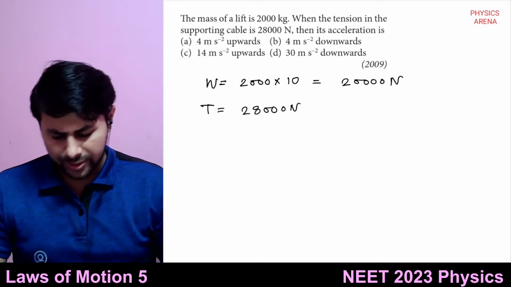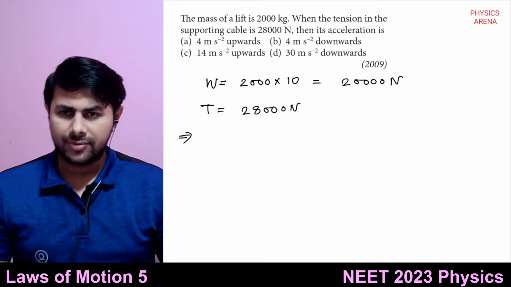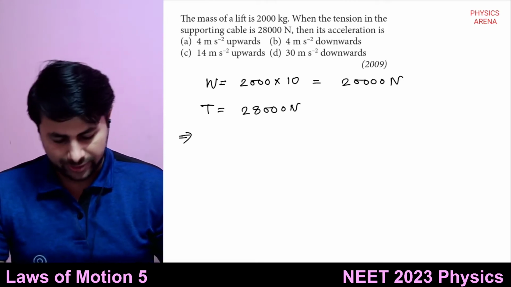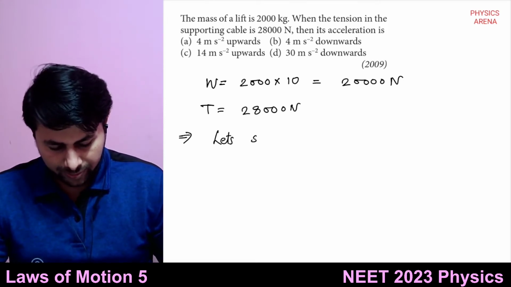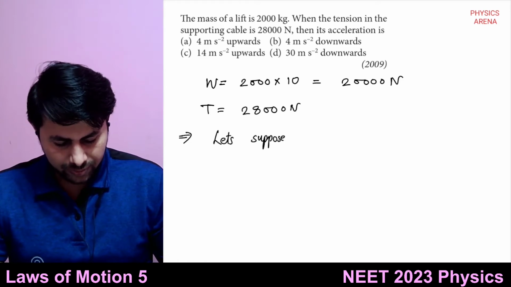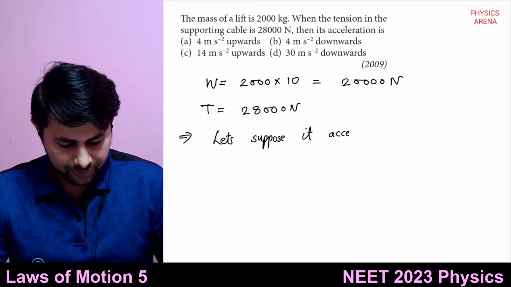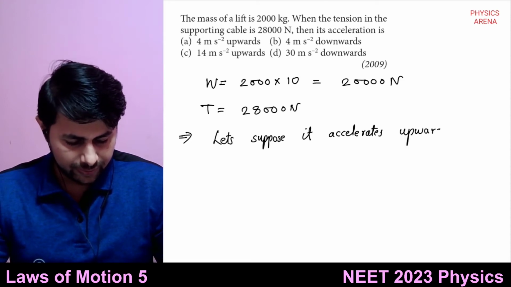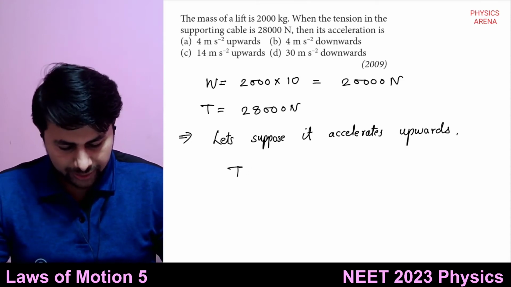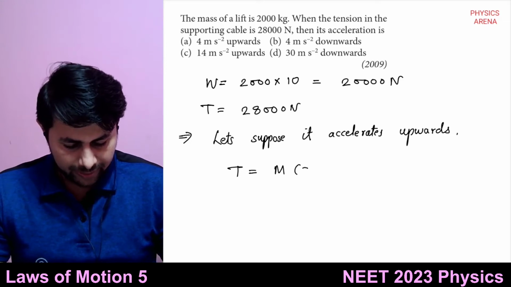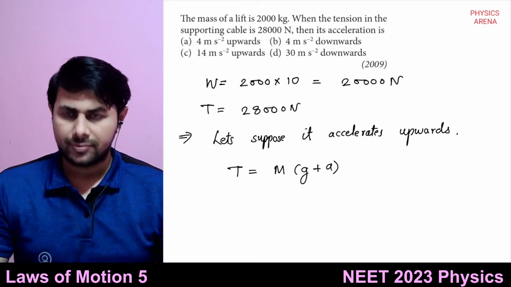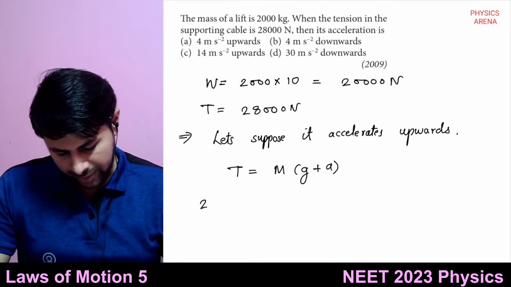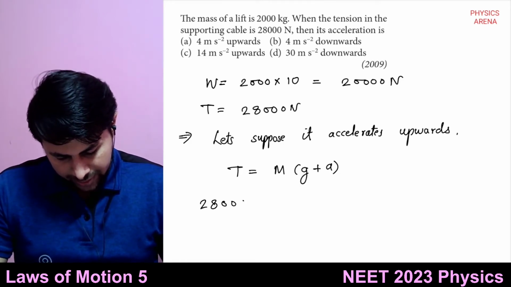The trick is you can do this thing. Let's suppose it accelerates upwards. So you have T equals M multiplied by (g plus a). And T is given, it is 28,000.